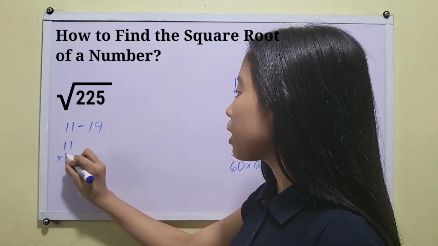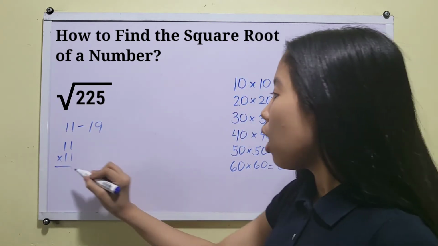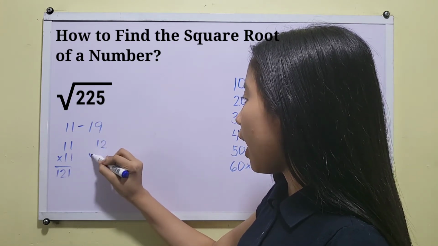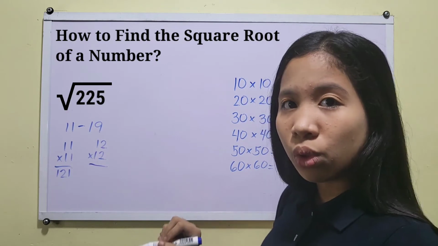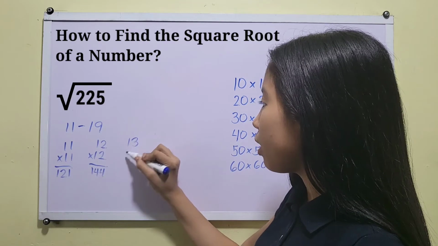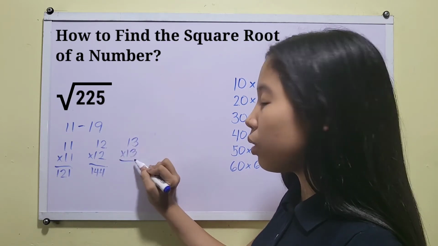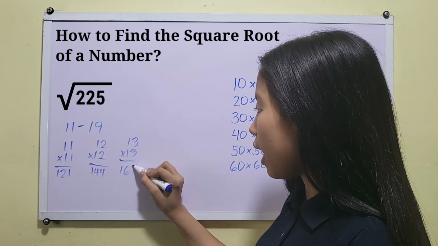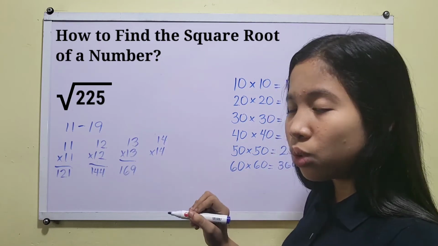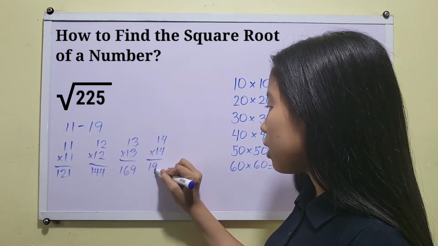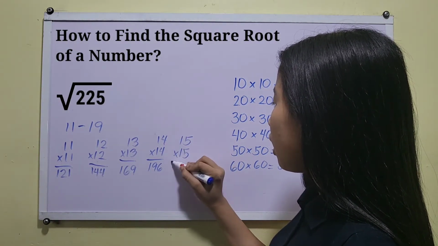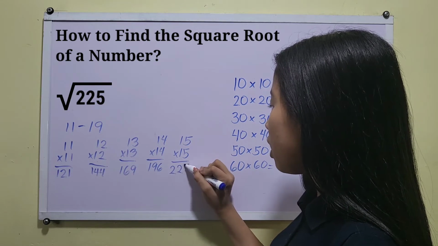11 times 11 is equal to 121. 12 times 12 is equal to 144. 13 times 13 is equal to 169. 14 times 14 is equal to 196. 15 times 15 is 225.